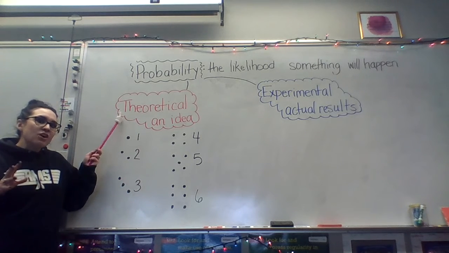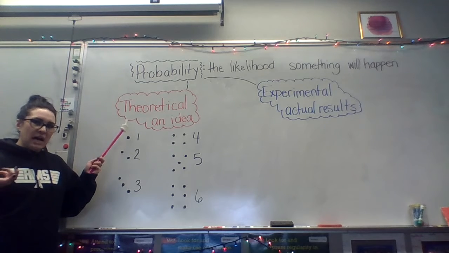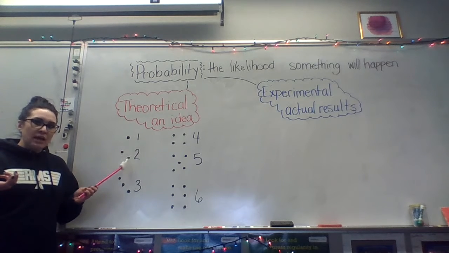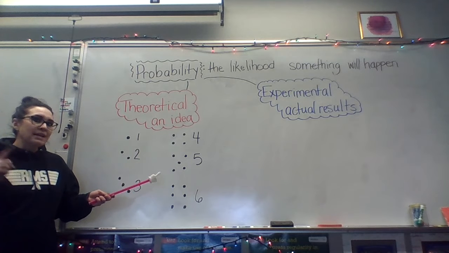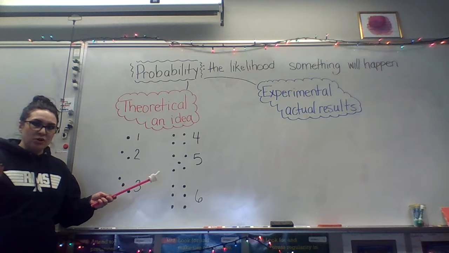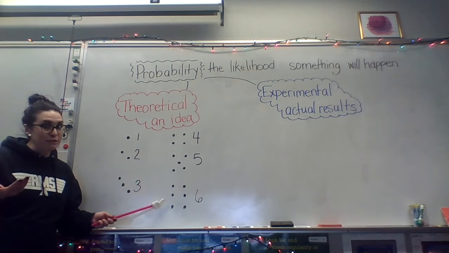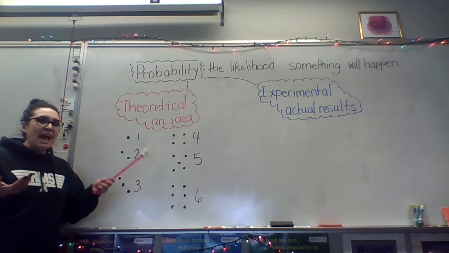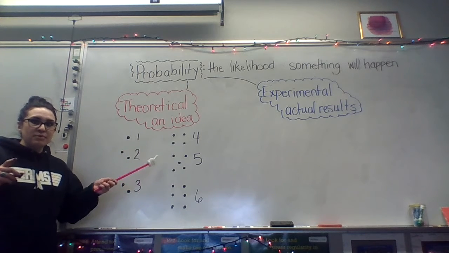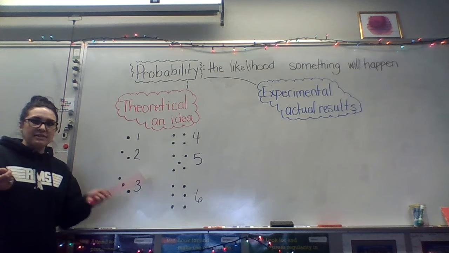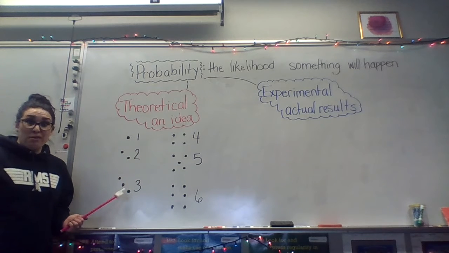Now, the theoretical probability means that whenever I roll this die, each one of these numbers has a 1 in 6 chance of coming true. Because there are 6 different outcomes, and each outcome is listed just one time. Out of these 6 numbers, there's only one 1. Out of these 6 numbers, there's only one 5. Out of these 6 numbers, there's only one 3.